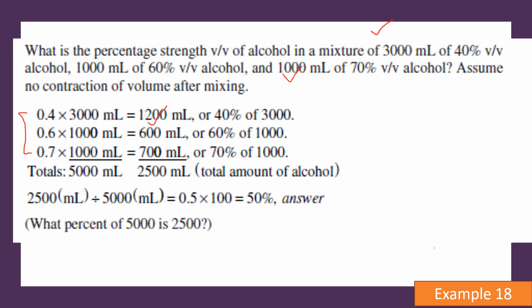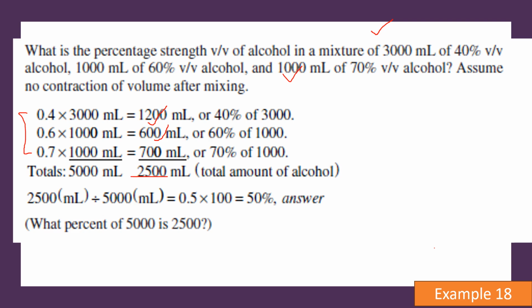Then compound B has 600 ml, which is 60% of the 1000 ml. And the third one is 700 ml, which is 70% of the 1000 ml. So the total amount of the alcohol is 2500 ml, in a mixture of 5000 ml of volume.